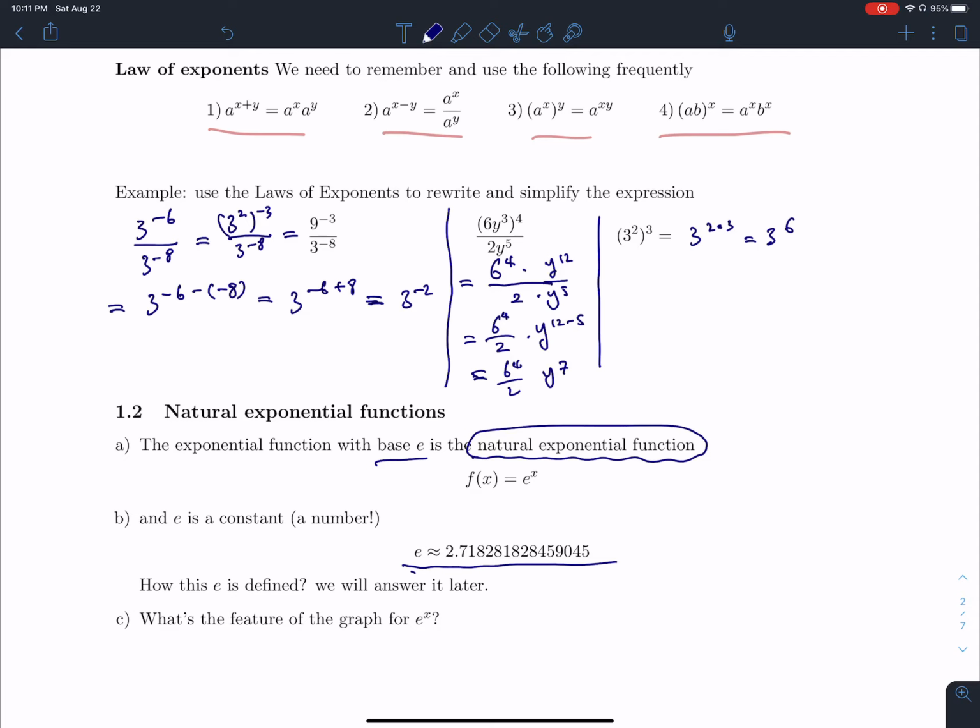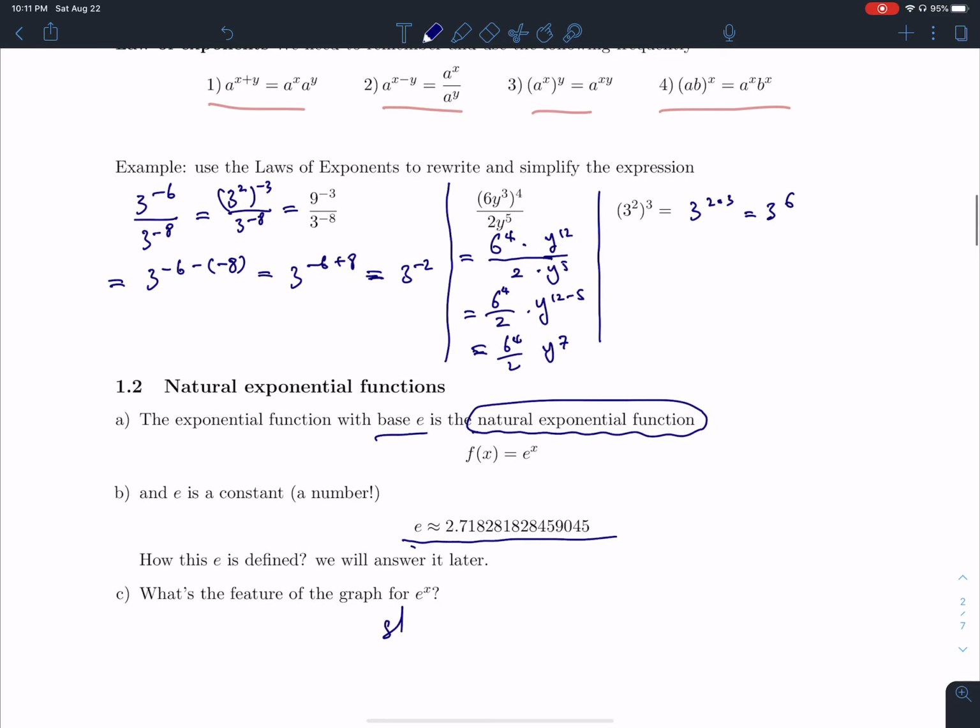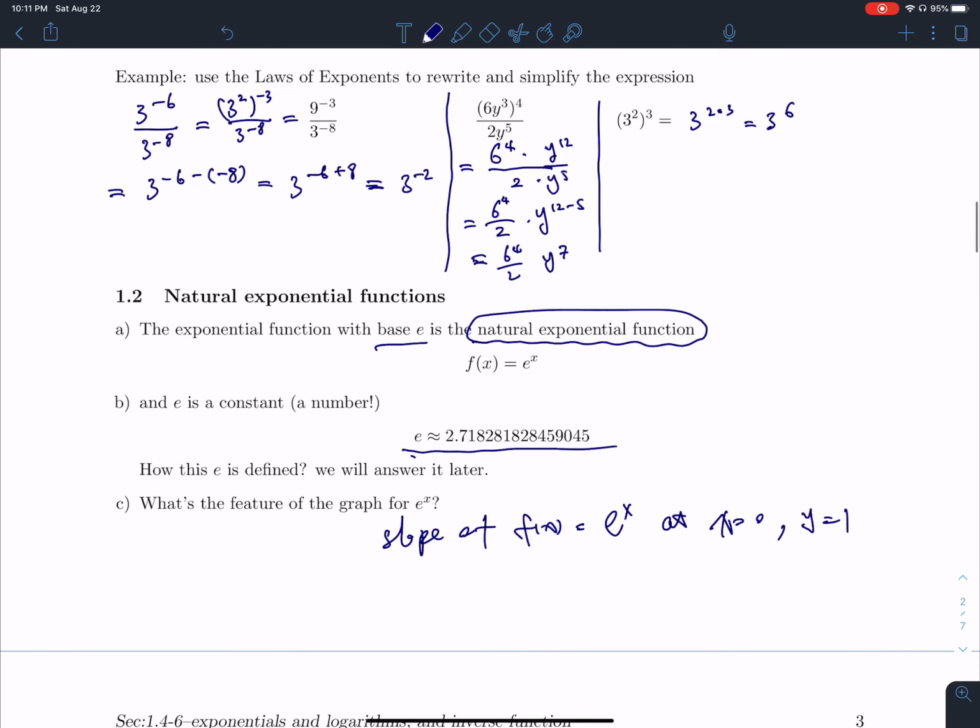What we really want to say about this natural exponential function is the slope of f of x equals e to the x at x equals 0. Remember, all those exponential functions intersect each other at the point x equals 0, y equals 1, right? So at x equals 0, y equals 1, the slope of the natural exponential function is constant 1. So that is the most important property of the exponential function that we want to have here.